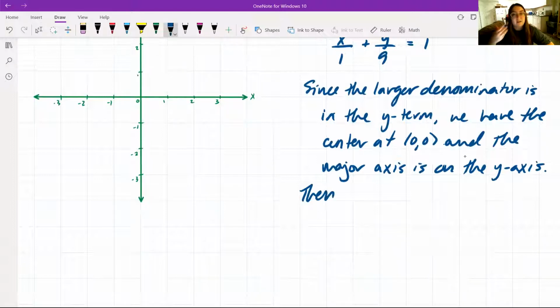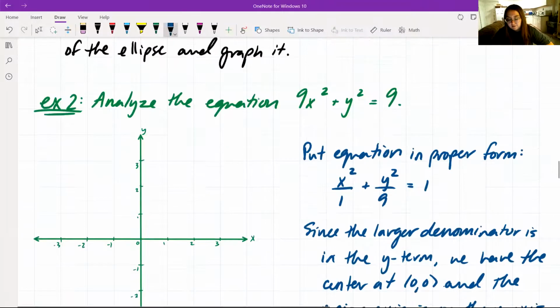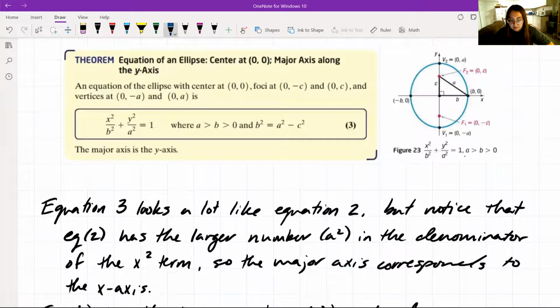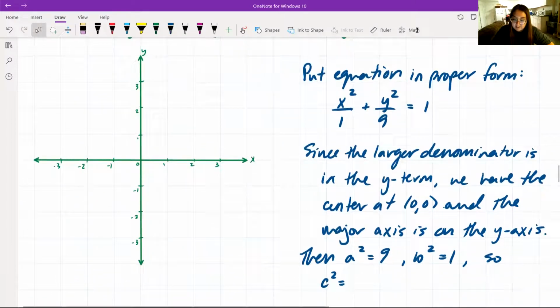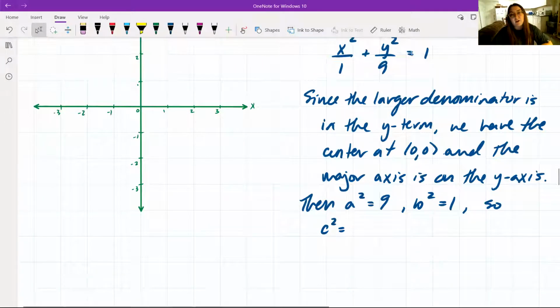So then a being our larger value, a squared is going to be 9. b squared is 1. So c squared, if we rewrite this equation here, c squared is going to be a squared minus b squared.